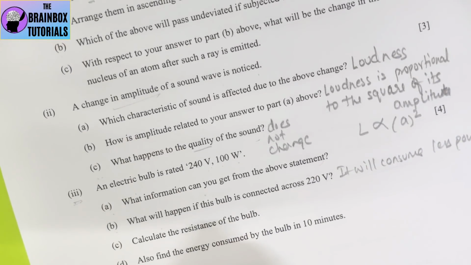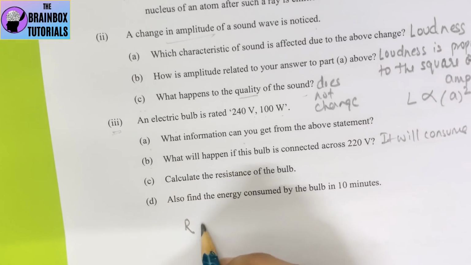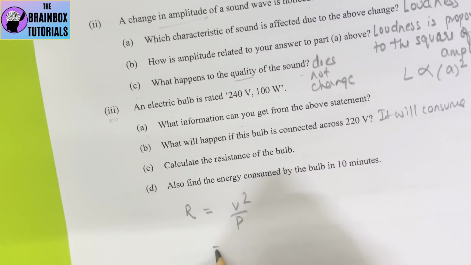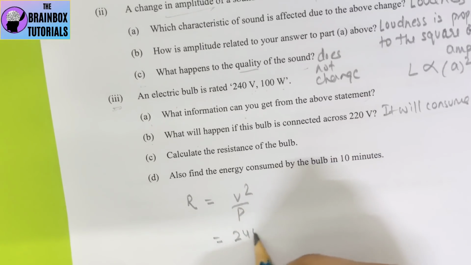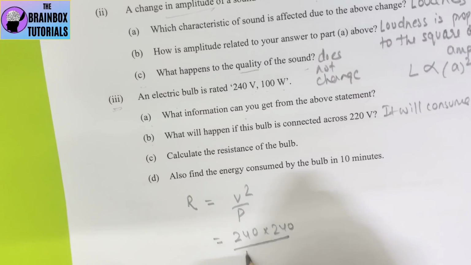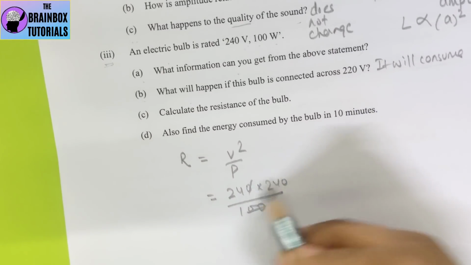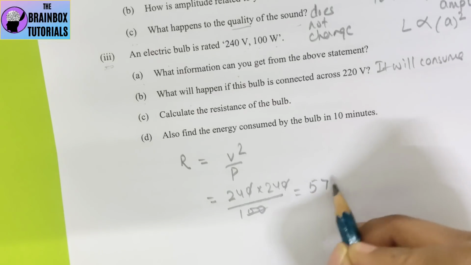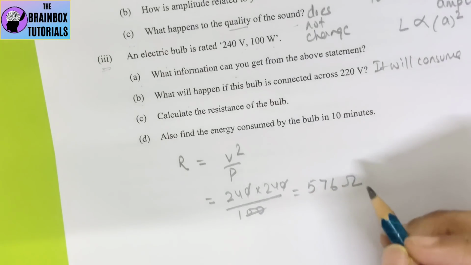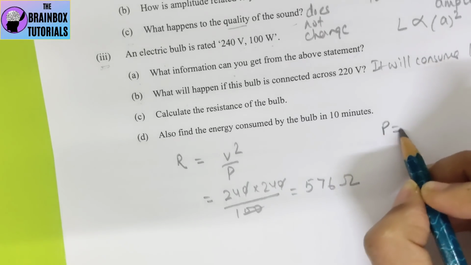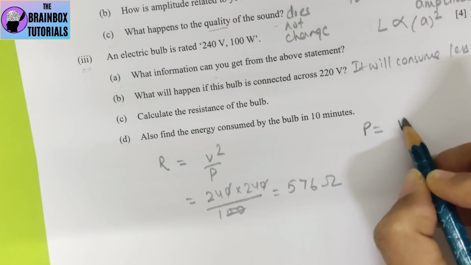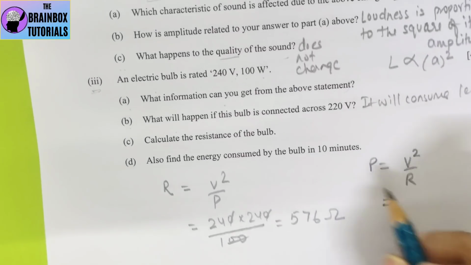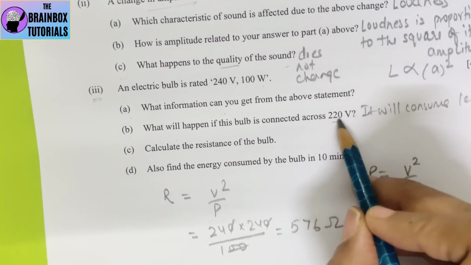See, there is a formula to get resistance. R is equal to V square by P. That means 240 into 240 upon 100. So 24 into 24, 576 ohm. So power is equal to V square by R, keeping the resistance the same, now the voltage is 220.